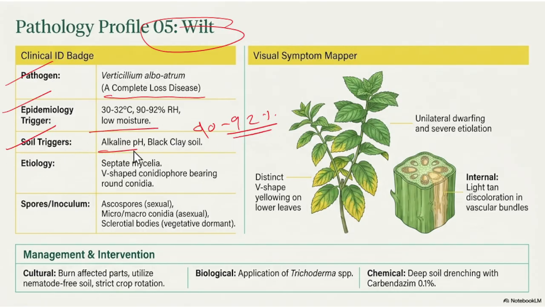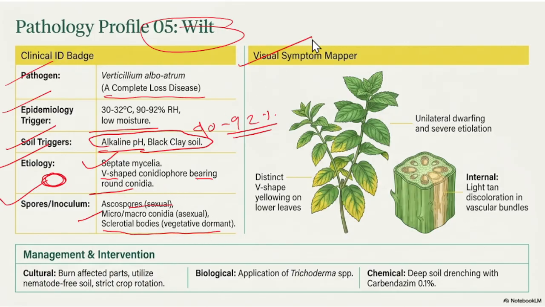Alkaline pH and black clay soil are the favorable soil conditions for this wilt disease. Then the etiology: septate mycelium, V-shaped conidia, and spore-bearing round conidia. They produce spores or inoculum: ascospores as sexual spores, then micro and macroconidia as asexual spores, and sclerotial bodies are produced by this pathogen.